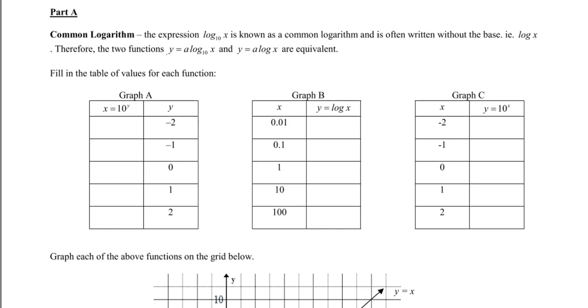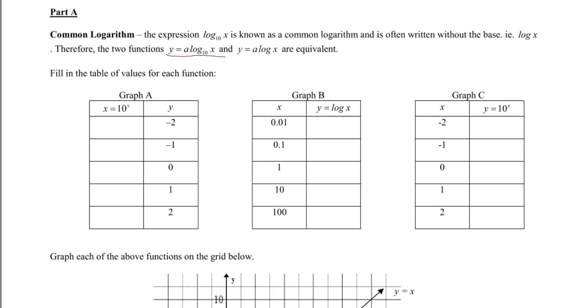So the two functions, y equals a log base 10 of x and y equals a log x are the same thing, okay? When you see log by itself, it's a base 10 log. Always 10. If you don't see a base written, it's a 10. Like this. You don't see an index there, it's always the square root.